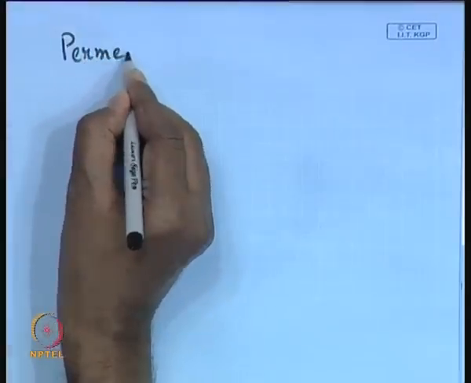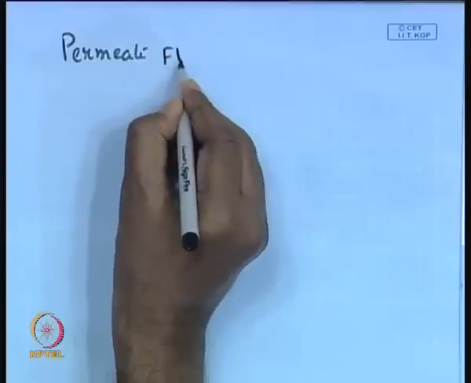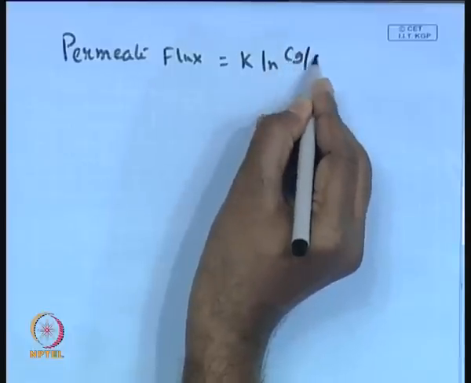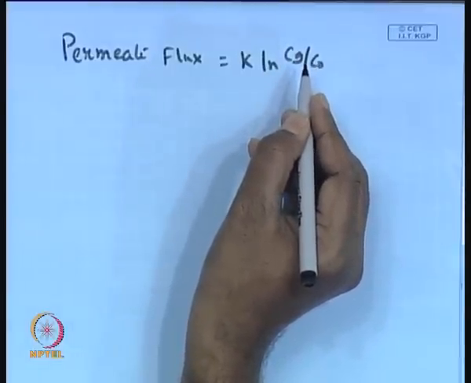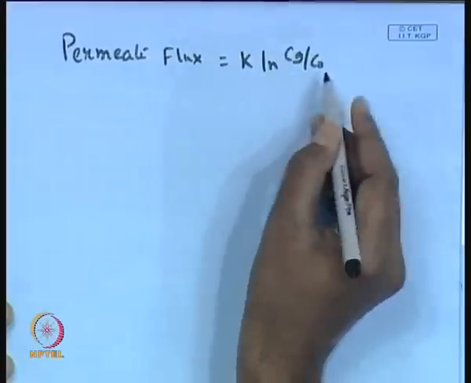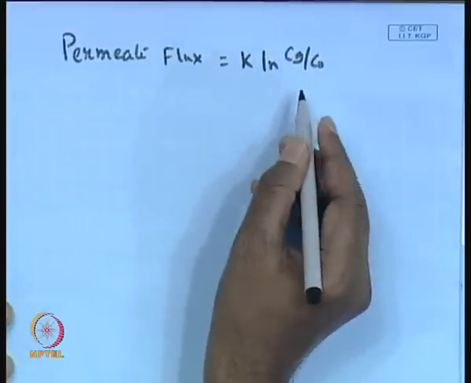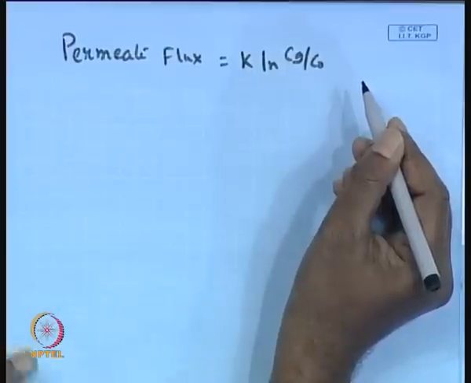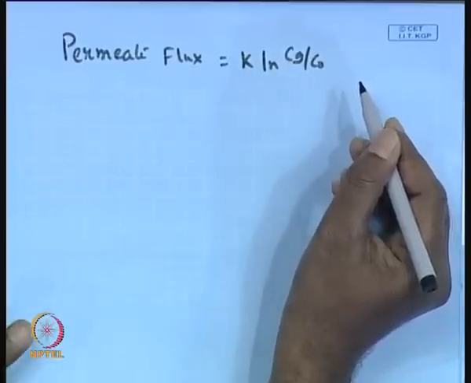So, therefore, the permeate flux is K ln Cg by C naught, and in this particular case there is no external electric field. So, there is no electrophoretic velocity. Okay, the first part, if you remember, has no external electric field.